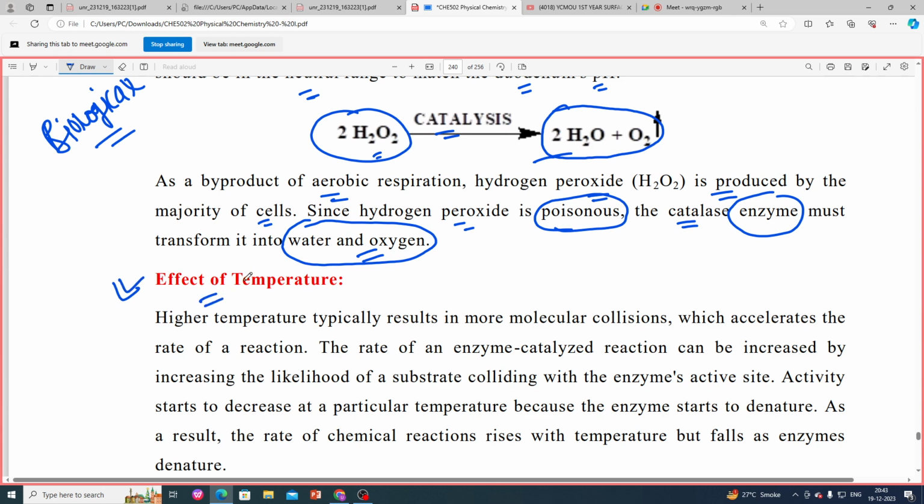Yes, effect of temperature. Now the next point is what is the effect of temperature.